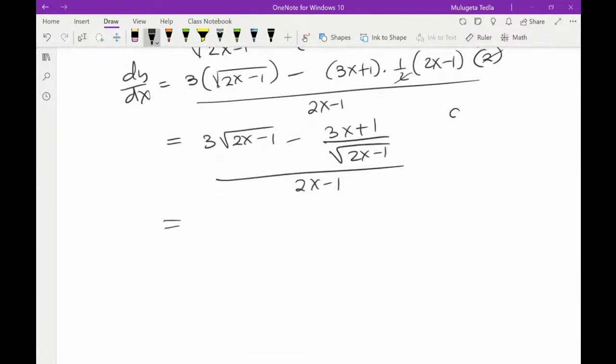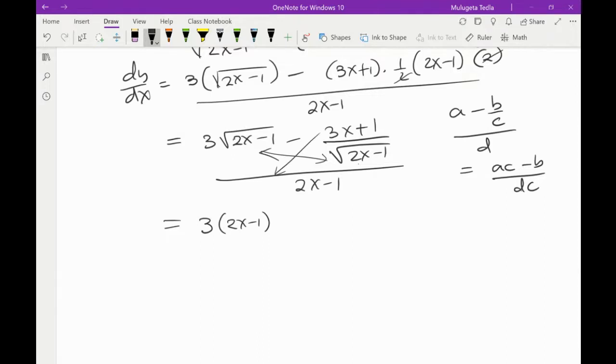And then, a minus b over c, over d, is simply ac minus b over dc. So 3 times the product of these two is 2x minus 1, because square root of x times square root of x is x. This multiplication gives me only 3x plus 1 in brackets over this multiplication, as the formula says, which is 2x minus 1 to the 1 and to the half.